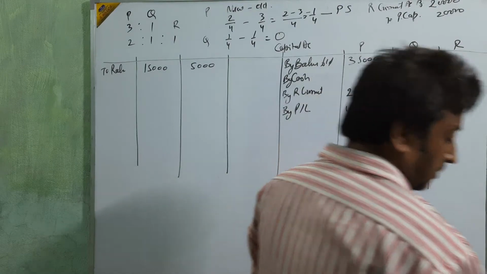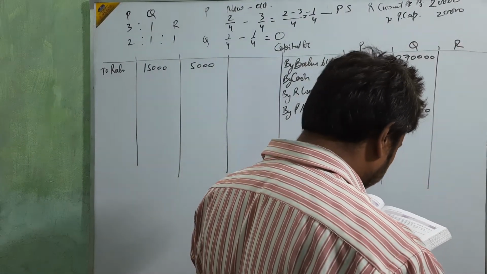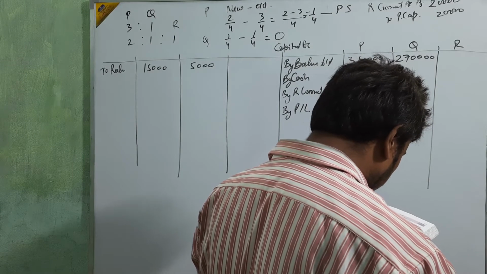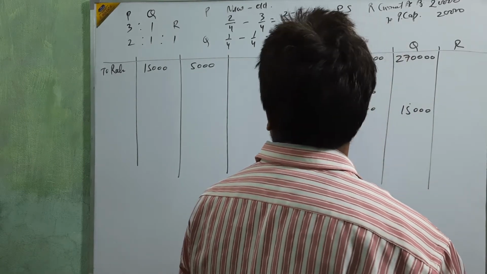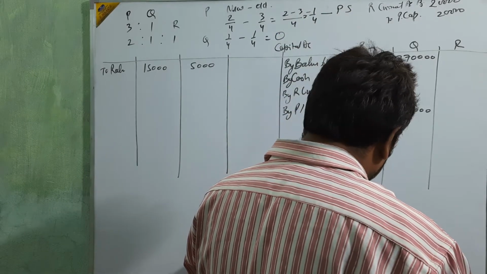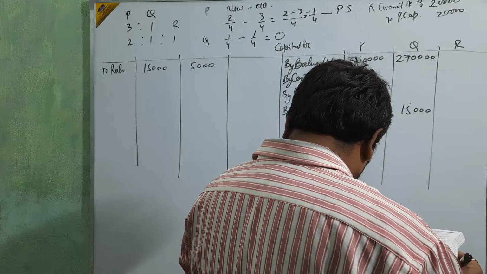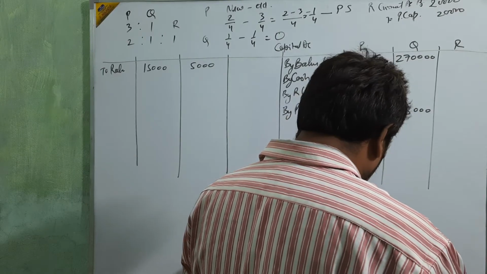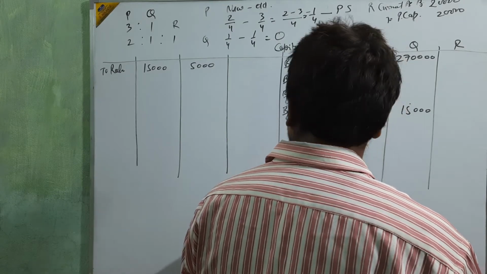Okay beta? Clear? Then anything else, beta? Any type of reserve, surplus, profit and loss? Anything?